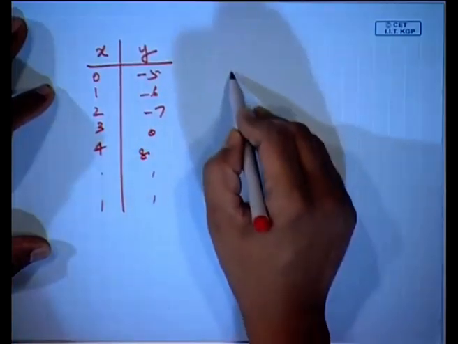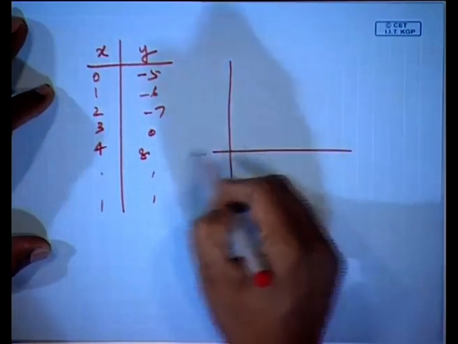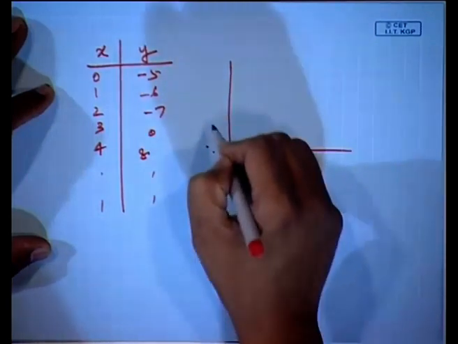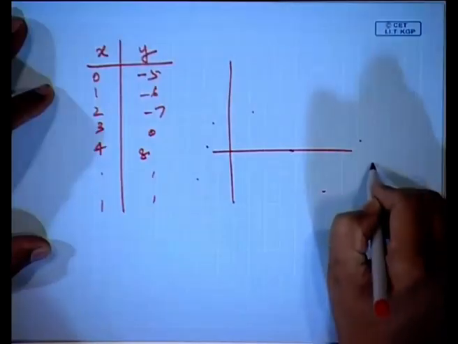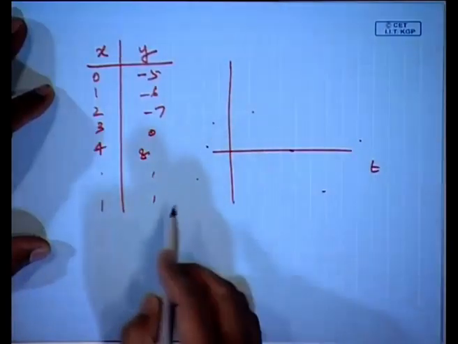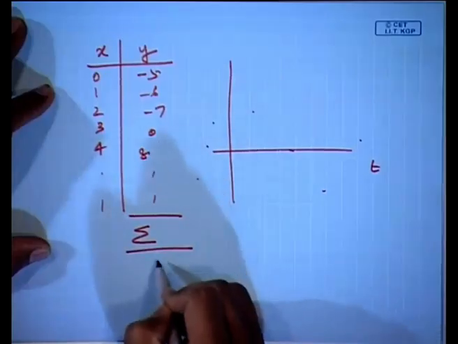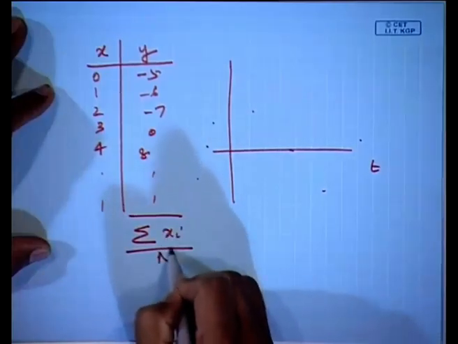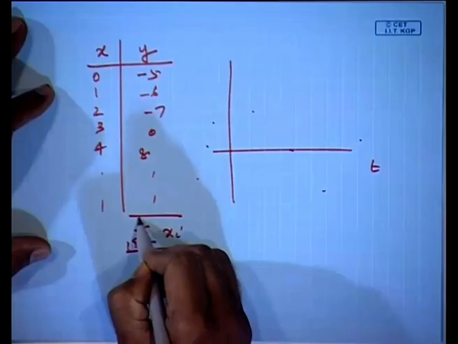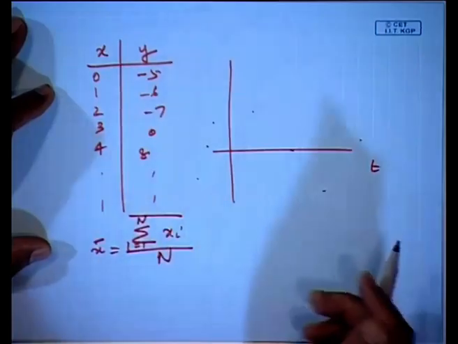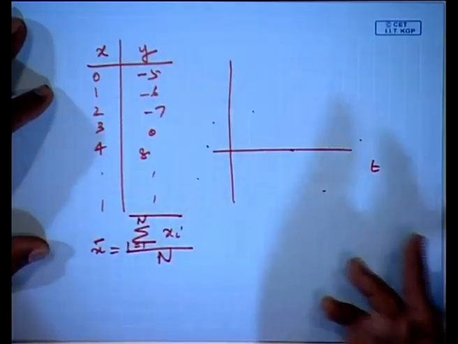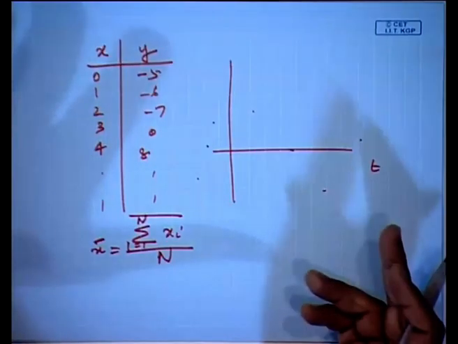For some signal which I have randomly plotted, what I will do is a summation of the values and then divide by the number of points, isn't it. So, you do the summation. This is very easily done.